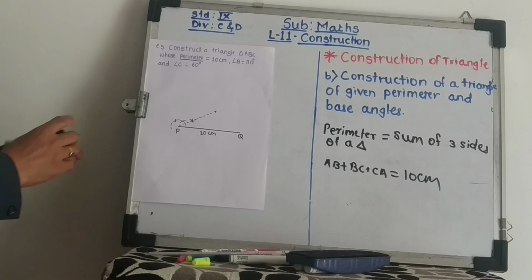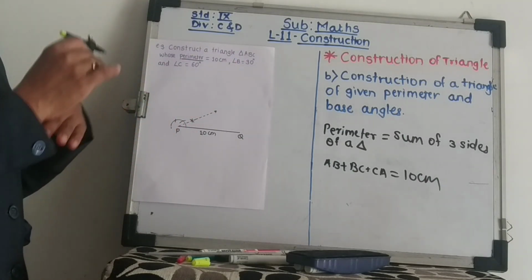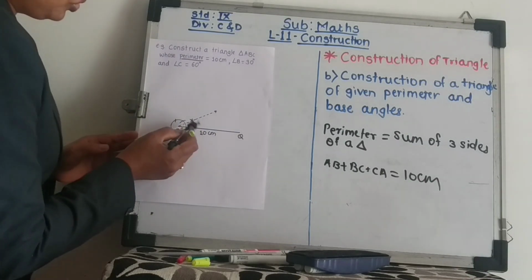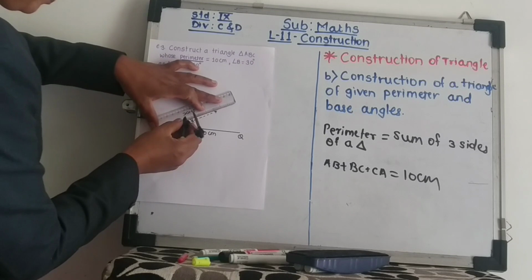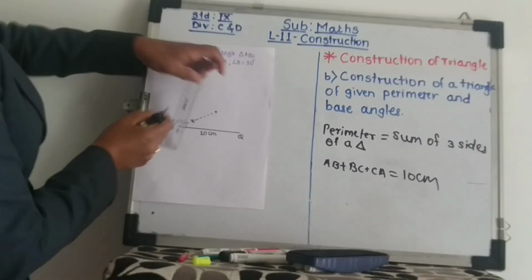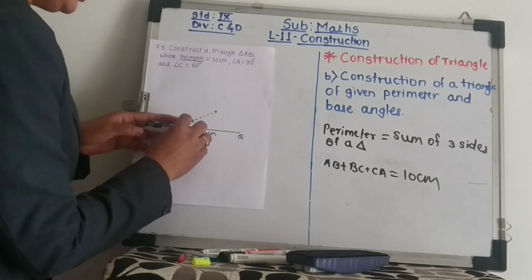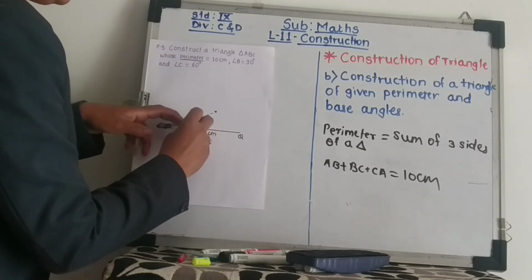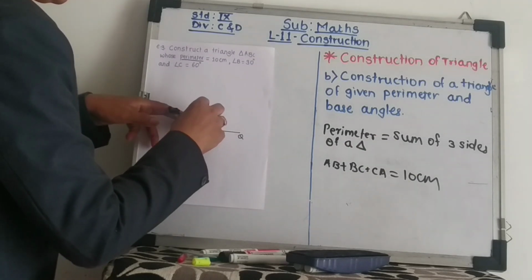Right. So this 30 degree angle we are again going to bisect. Here it has cut. I'll put on this point the 30 degree, keep one arm and draw one arc.